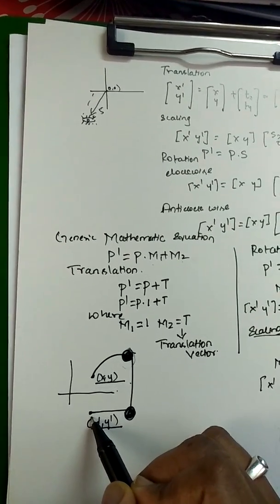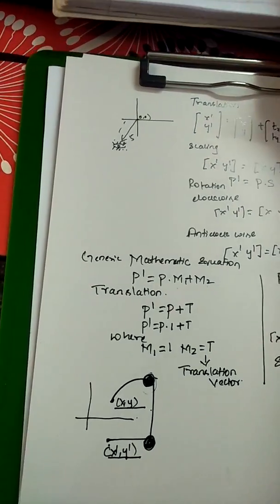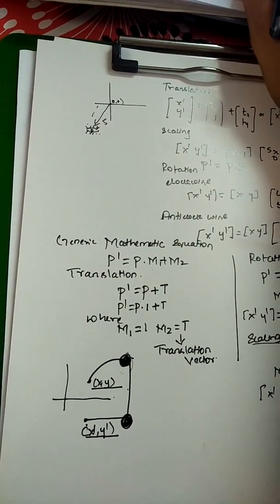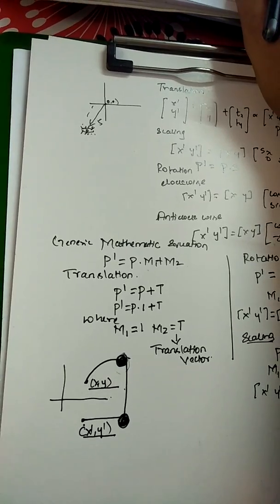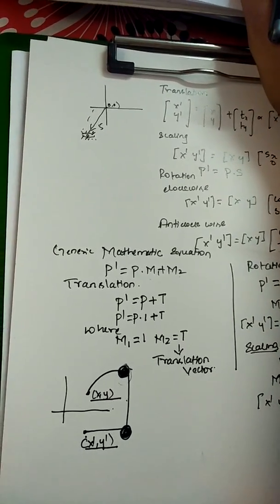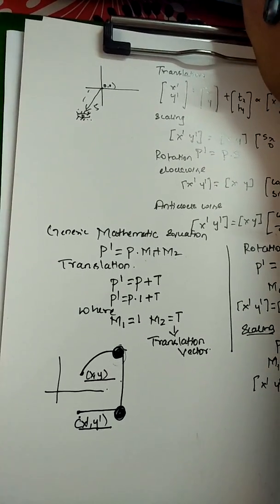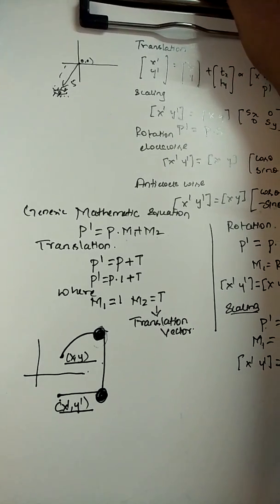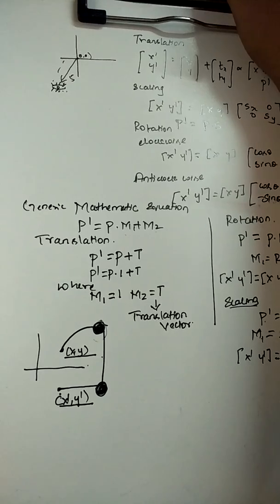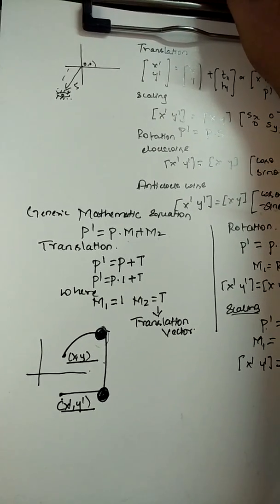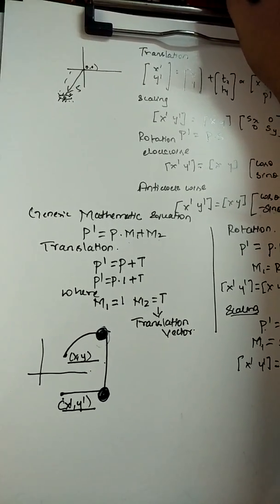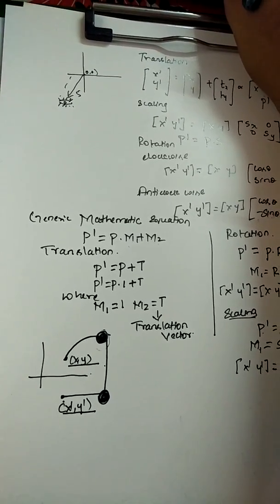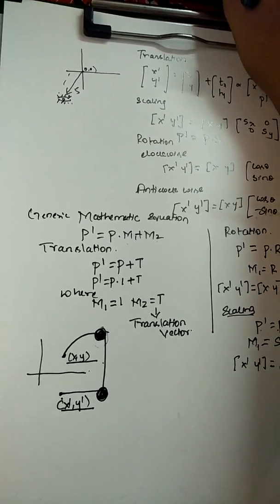In that case, we are interested only in x and y as well as x dash and y dash. There is something called homogeneous coordinates that we make use of when we go for composite transformations, because homogeneous coordinates are a coordinate system that treats all the points in the projection plane equally.